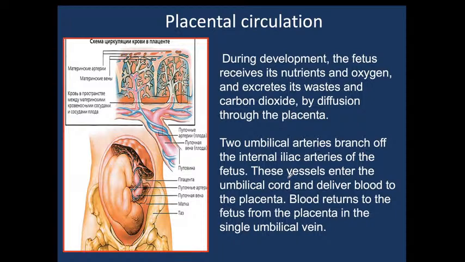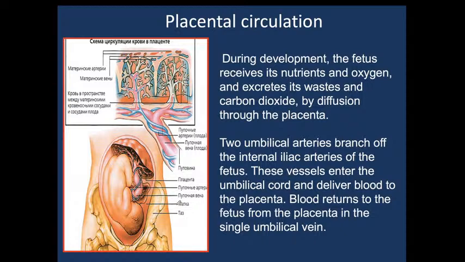The placenta is an organ located in the uterus of the mother. This is a complex organ regulating the exchange between the fetal and maternal blood streams. It provides all fetal respiratory and nutritional needs.